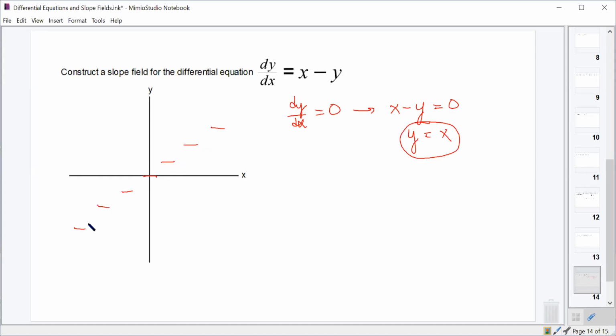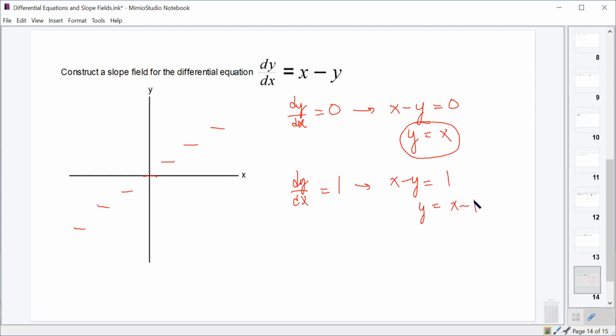Good. Okay. Then we'll do the same thing. So we'll pick another value. What's the next value we want to choose? 1. All right. Let's do dy dx equals 1. So what does that tell us? That tells us that x minus y equals 1, or that y is equal to x minus 1.